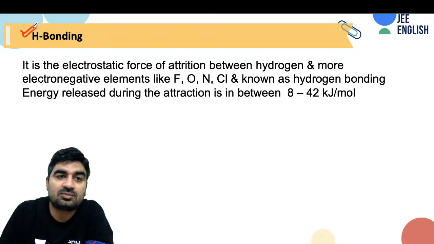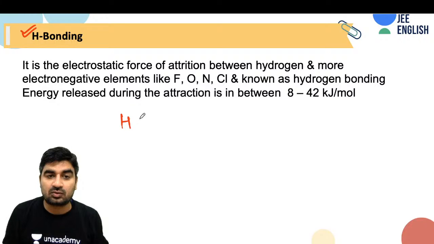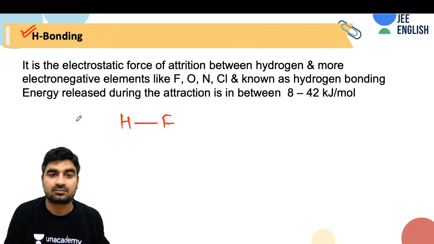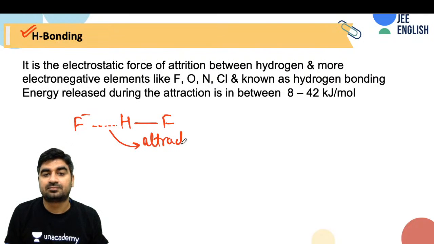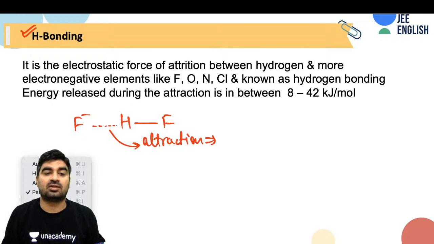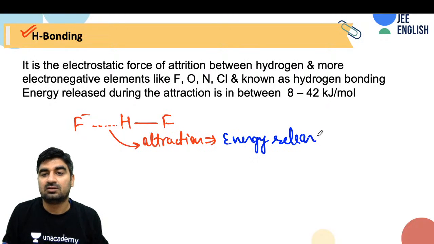So what is hydrogen bonding? Now I will show you again HF and F minus. This is the attraction, and I have told you that because of attraction there will always be energy released.